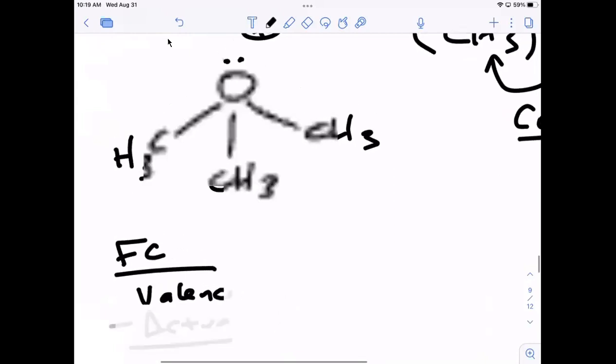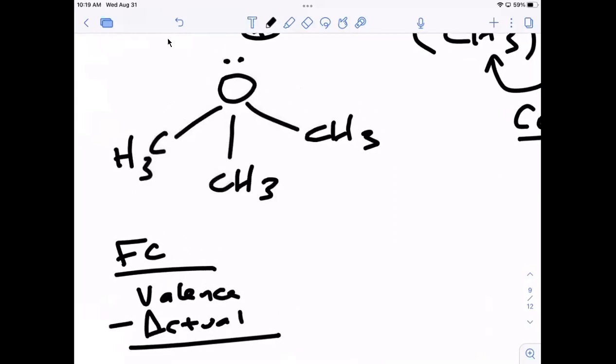What's the valence of oxygen? How many valence electrons does it have? If you ever have a question about that, just look at the group number. So boron is group 3, carbon is group 4, nitrogen is group 5, oxygen is group 6. All right, so oxygen has 6 valence electrons. And then how many are actually around it? 1 from each bond.